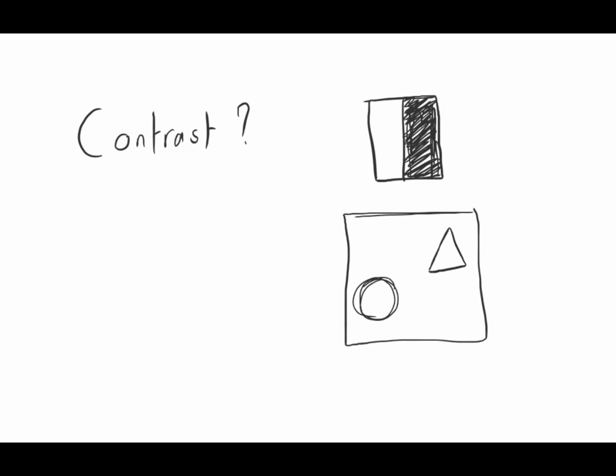Yep, contrast is putting two completely different things in relation to each other. Exactly. So these things could be shapes, could be colors, could be even emotions, feelings, happy and sad. There's contrast in that.